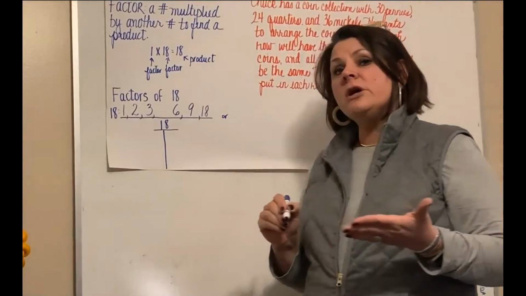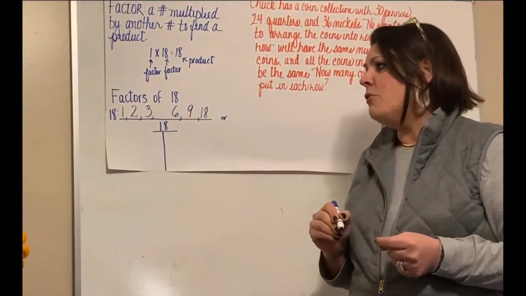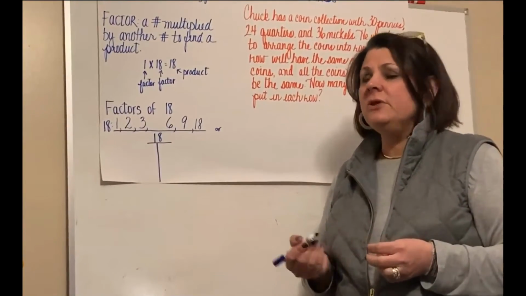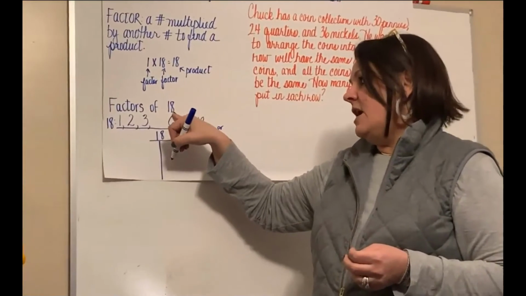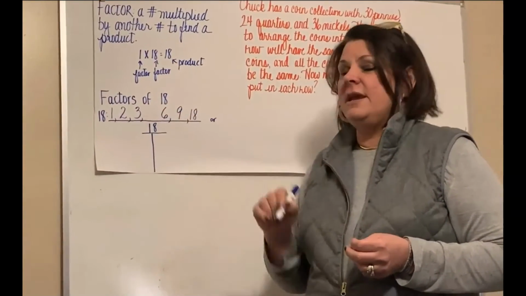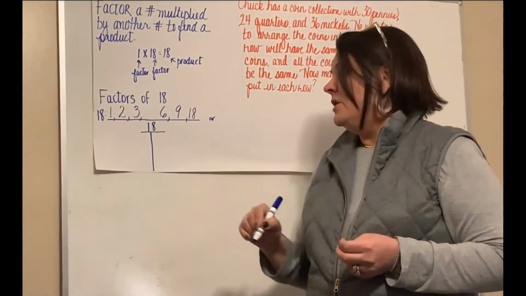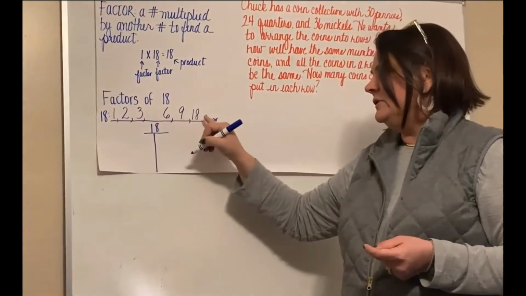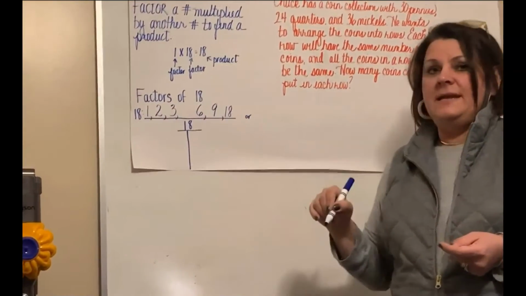Then I go on to 4. There's nothing that when I multiply 4 gives me 18. 5, no. We know from our divisibility rules that if it does not end in a 0 or a 5, we cannot use the factor of 5. So I'm done. These are the factors that make up 18.